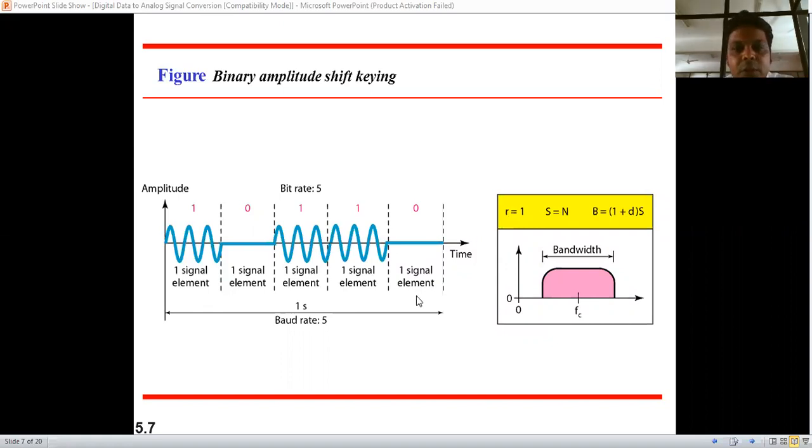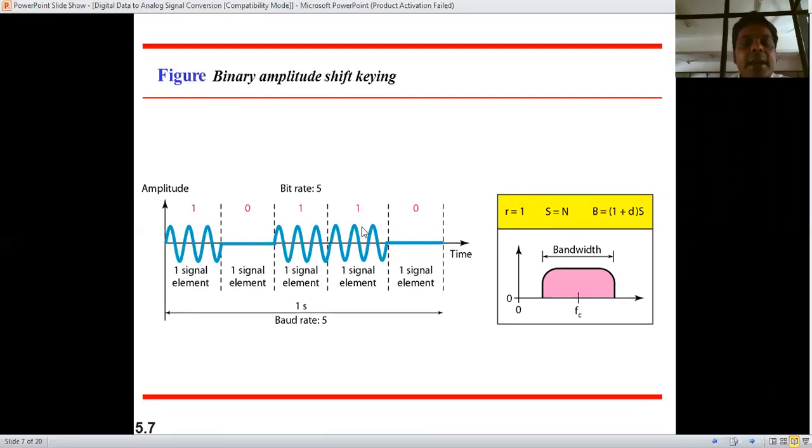In this figure, you can observe that the value of small r, the bits per signal element, is 1. Here the first cycle of this sine wave represents one signal element, and how many bits does this signal element hold? It holds only 1 bit.